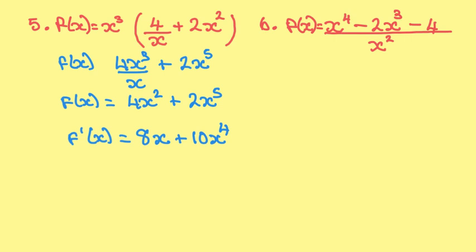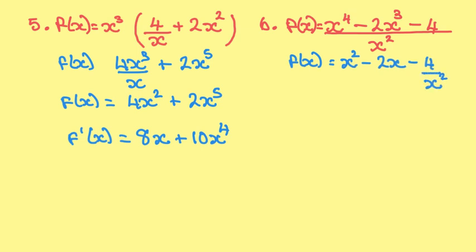In question 6, we have a quotient, so we're going to have to divide all the way through first. So we get f of x, x to the power of 4 divided by x to the power of 2 is equal to x squared, minus 2x cubed divided by x squared gives us 2x, and minus 4 divided by x squared gives us minus 4 over x squared.